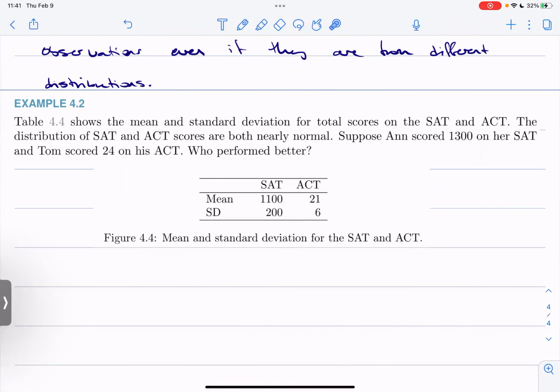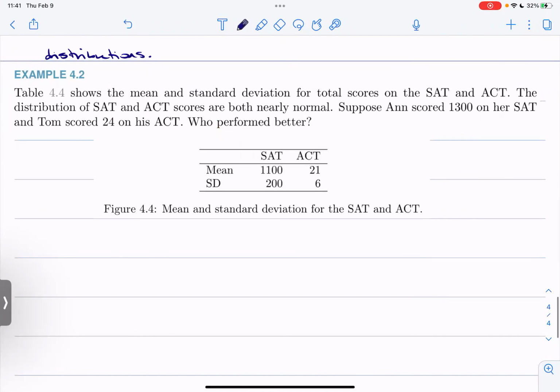So what I'm going to do is take that information and do them side by side. What I'm going to encourage you to do a lot of is start by sketching the curve. As soon as you see that something follows a nearly normal distribution, start by sketching this curve.